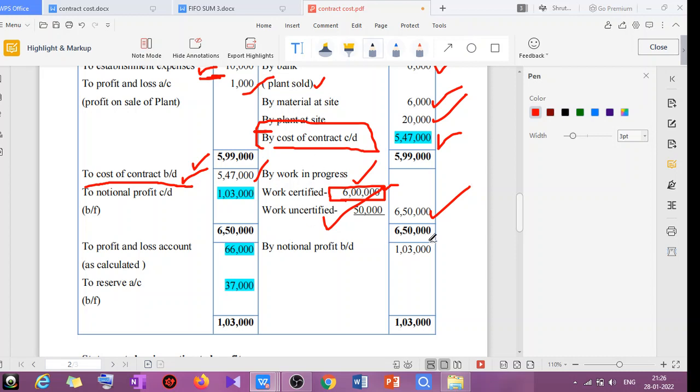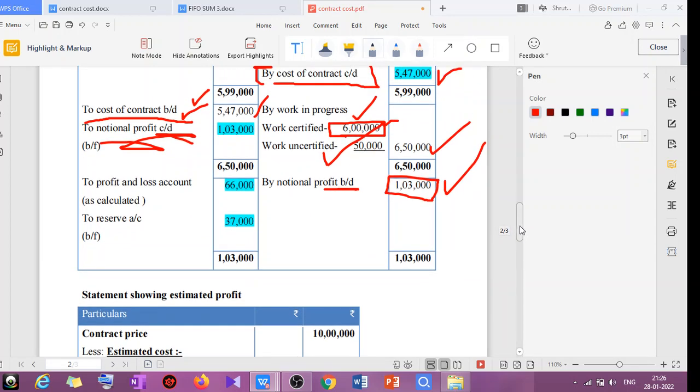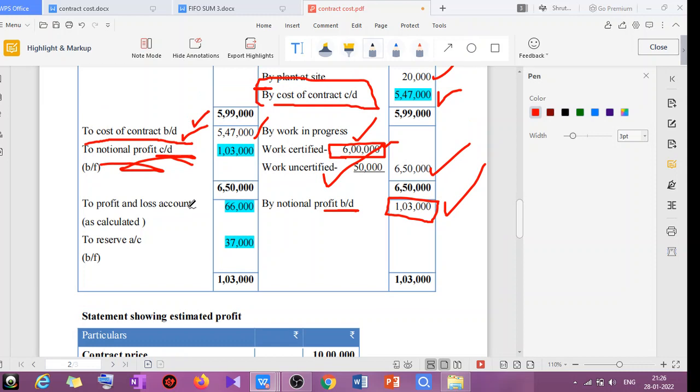Okay, then find the difference. Same, that is notional profit carried down, the notional profit brought down. Okay, till here I hope you understood. It is the same which we have followed before. But what will change, I'll tell you. Whenever there is an extended contract, okay, these two will change: the calculation part of the profit and loss account and the reserve.